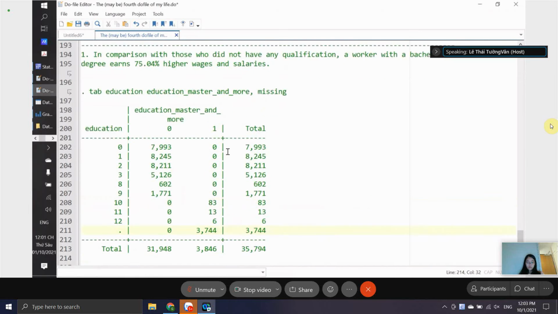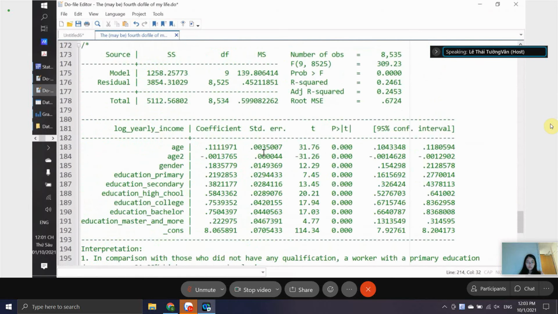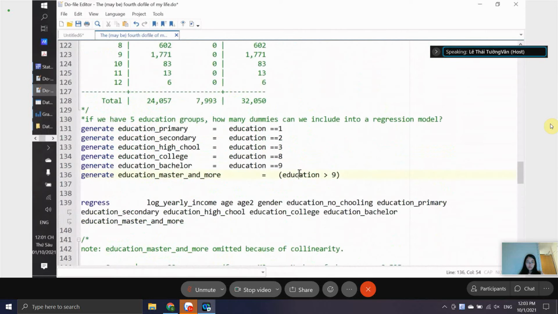So you have to correct for that by typing n is not equal to missing.